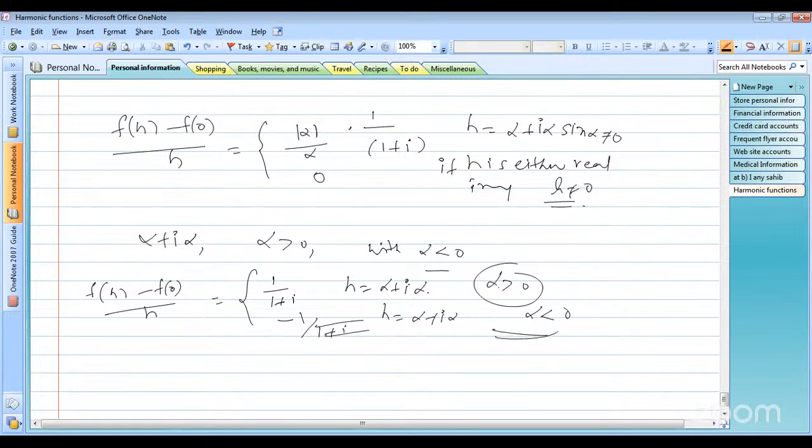Minus means less than 0, positive means greater than 0, and h is not equal to 0, as we know. And h is either real or imaginary.